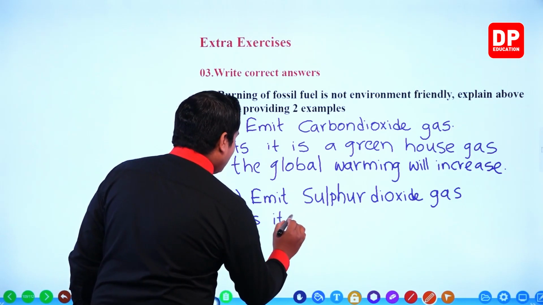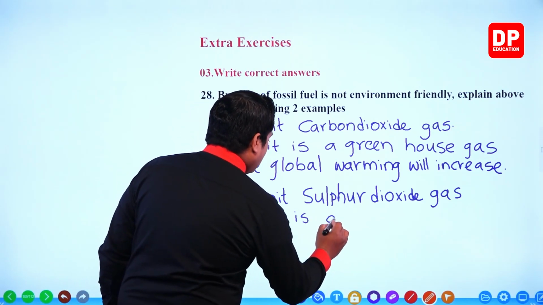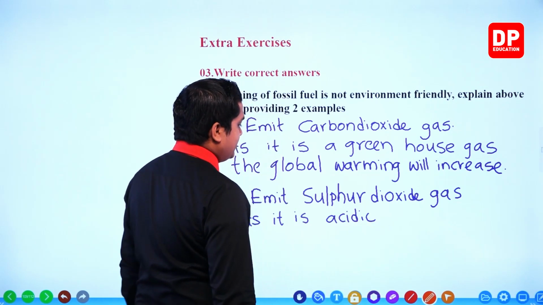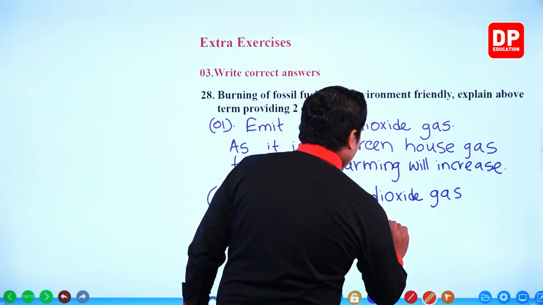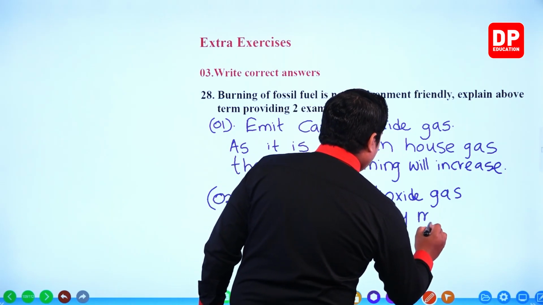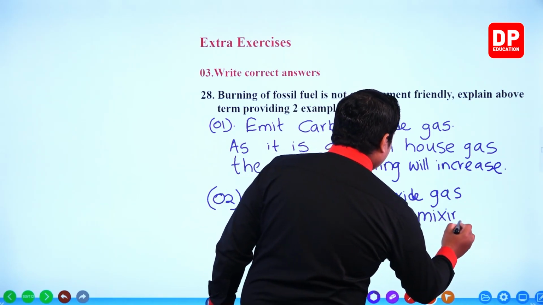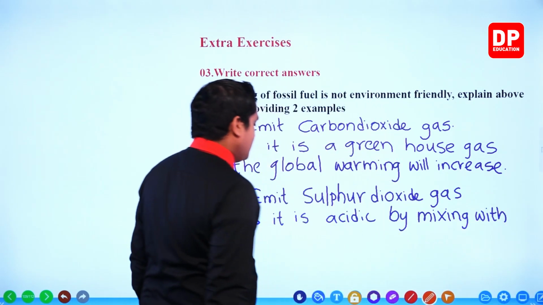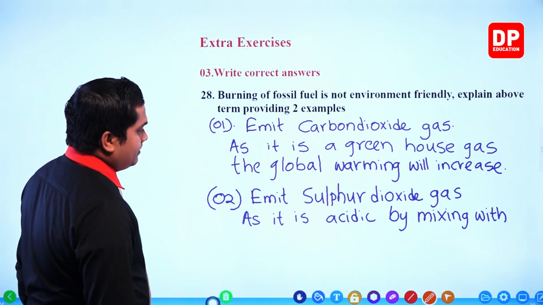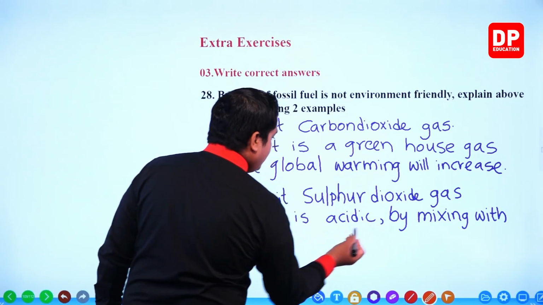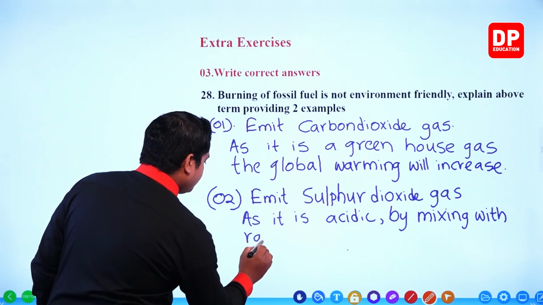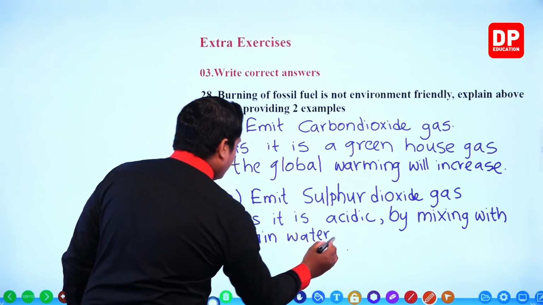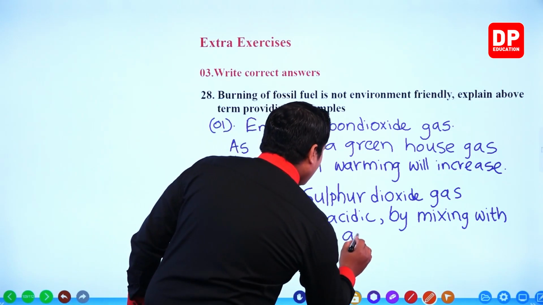As it is acidic, by mixing with rainwater, acid rains will occur.